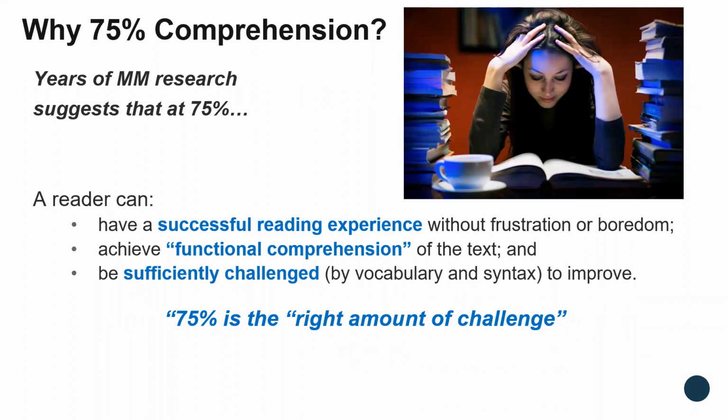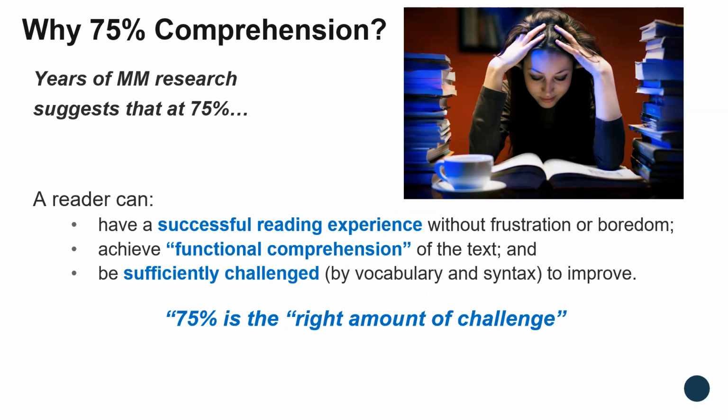The third bullet is critical. This is where they will be sufficiently challenged. This is where they will be presented with vocabulary words that maybe they don't have a large degree of comfort interacting with, but because the text isn't too difficult, they would have the ability to pull the meaning of those vocabulary words from that text.